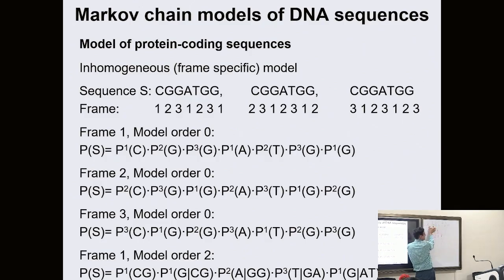So probability of starting in CG, then transitioning to G: probability of G given CG, then probability of A given GG, then probability of T given GA, then probability of G given AT, and finally probability of G given TG.